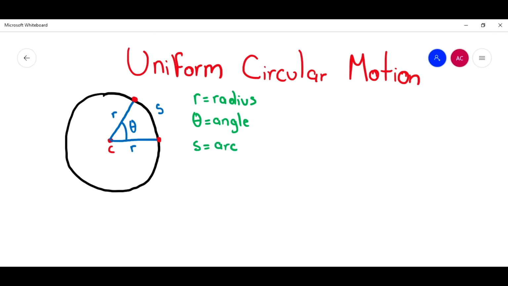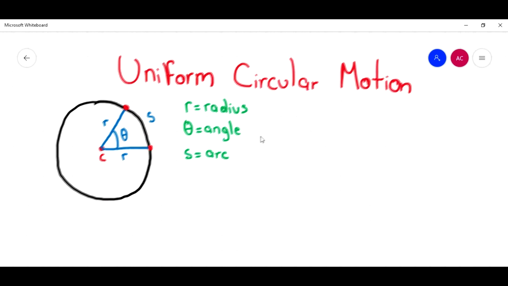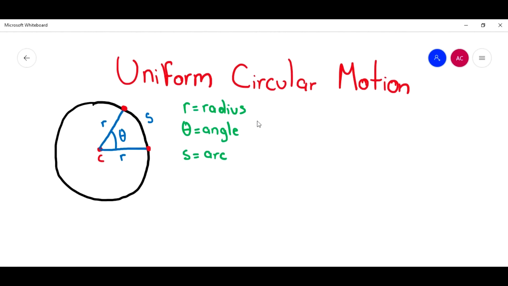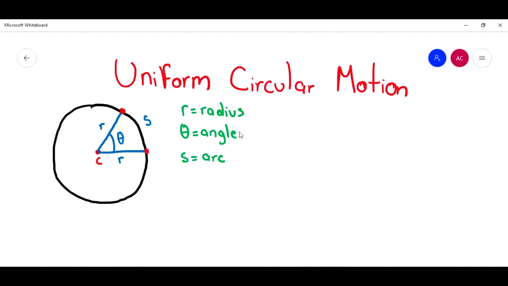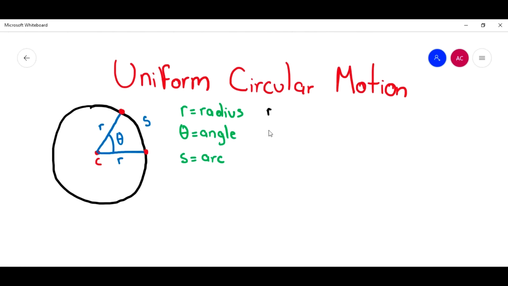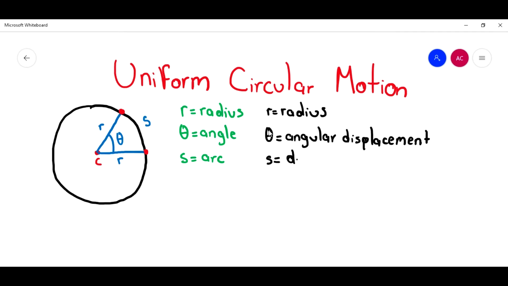Those are the concepts used in mathematics, but in physics those concepts change a little bit. R equals radius, which in this case is the same thing. The angle is the angular displacement, and S stands for the distance. These are the first three concepts that we are going to see in circular motion.